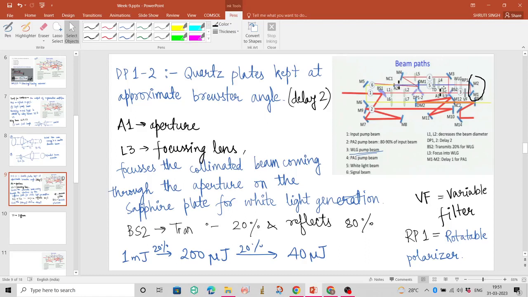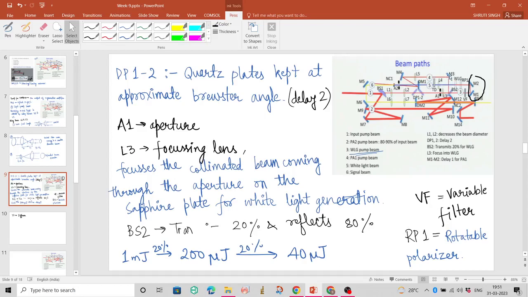Now let's see the part which is from here. This beam splitter 2, which reflected 80% here, this light goes and hits the mirror M3. Then using this lens L5 it gets collimated and hits the mirror M4, and again this dichroic mirror. These two mirrors M3, M4 make the pump part.